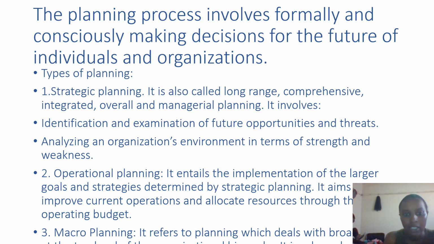The second planning is operational planning, which entails the implementation of larger goals and strategies determined by strategic planning. It aims in improving current operations and allocate resources through the operating budgets.